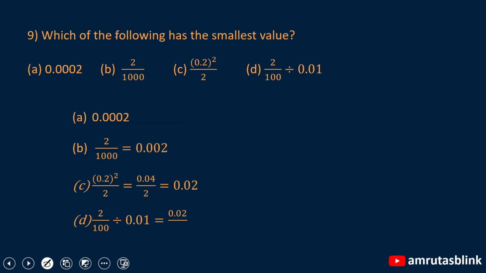Now 2 divided by 100 is 0.02, and 0.02 divided by 0.01. If we adjust the decimal points, then 0.02 divided by 0.01 is equal to just 2.